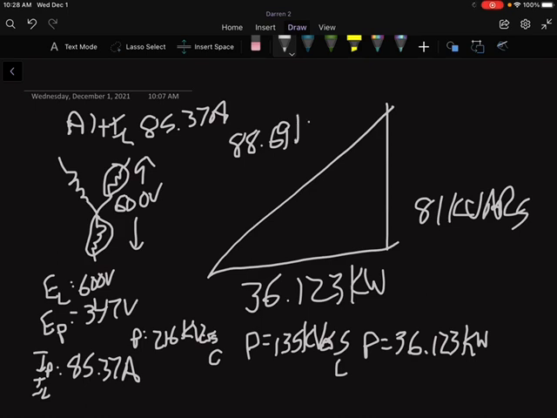And that would be kVA. So that would be your total power consumed, 88.69 kVA.